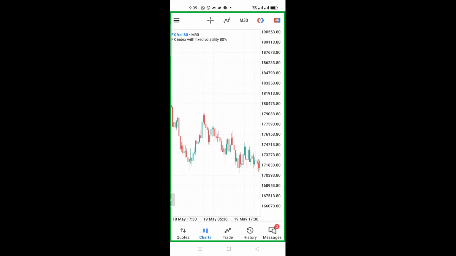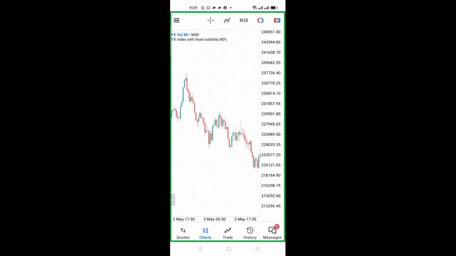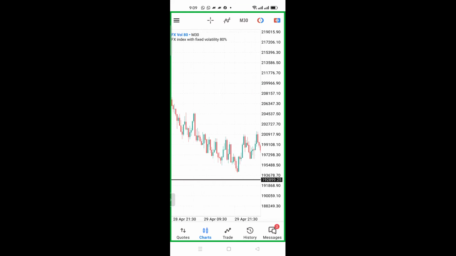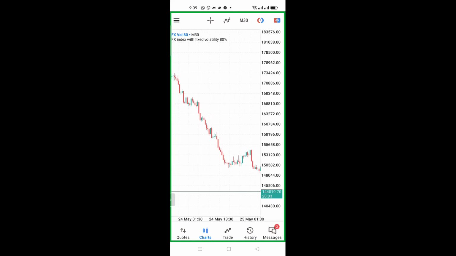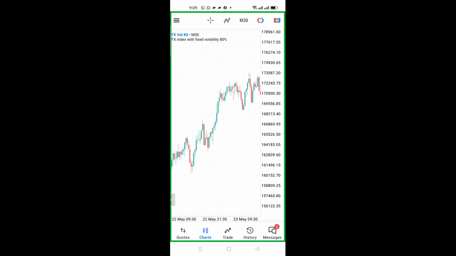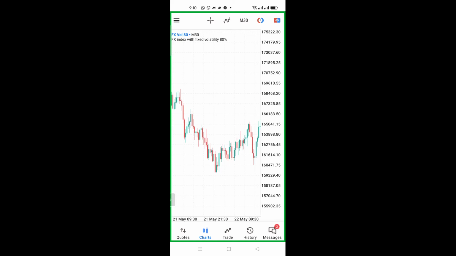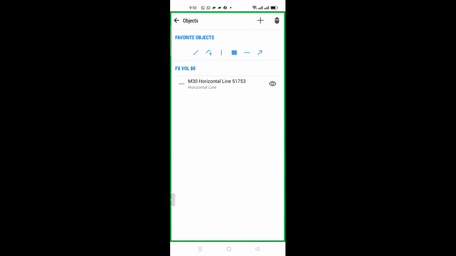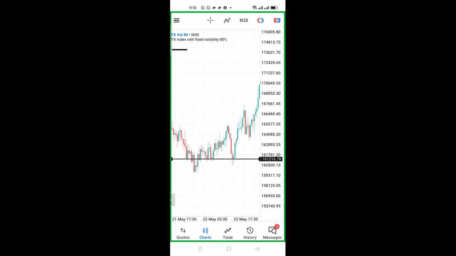But I need to show you something very clear that you will understand very well, just like the previous one that I used. Okay, so let's use this one. I'm picking the horizontal line and I'm dropping it here. Now, this is actually a support.